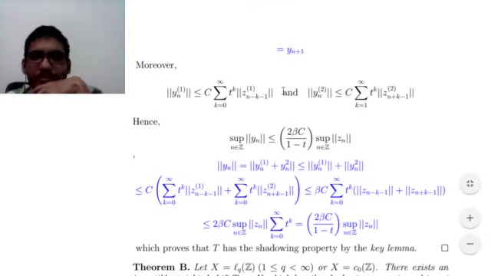Okay, continuing with the paper, it says, moreover, we have this. Okay, we have this, hence this happens. Well, wait a minute, what is this?